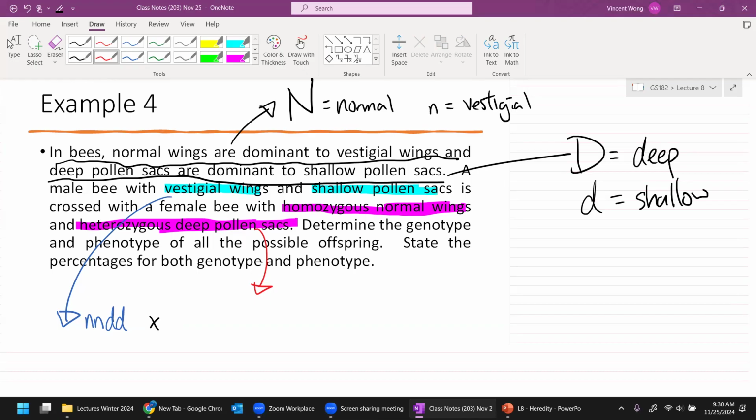Don't be shy. Just yell them out. Yeah, big N, big N, because it's homozygous normal. And then what? Big D and small d, because heterozygous, right? Those are the parents.